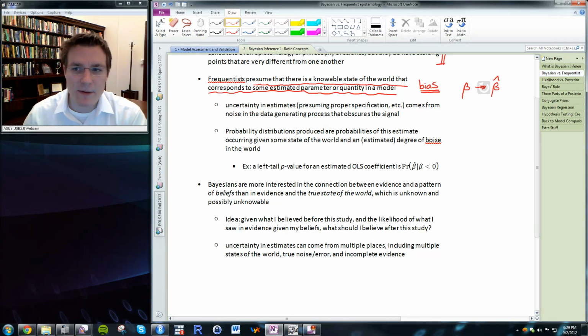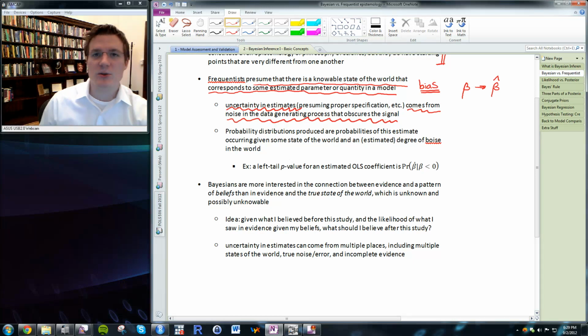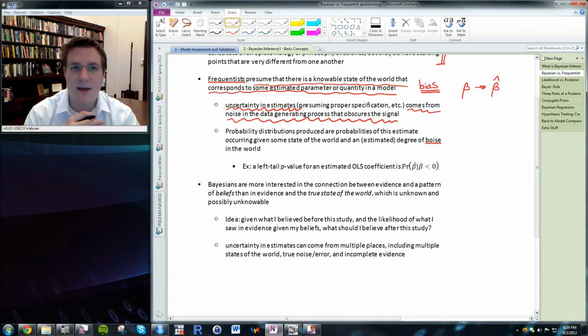So given that there's a real model running out there, you have uncertainty in your estimates, even if your model is a good one, a perfect one. And that uncertainty comes from the fact that the data generating process includes noise, which is just a way of saying that the world is not merely composed of signal, but also composed of noise.